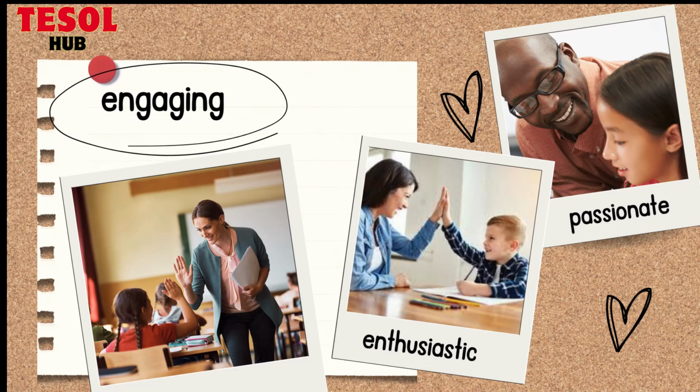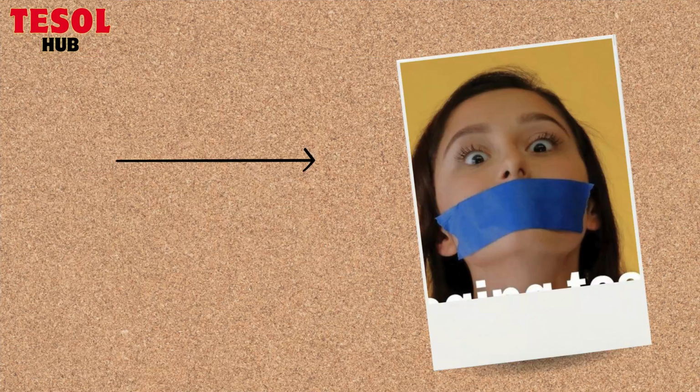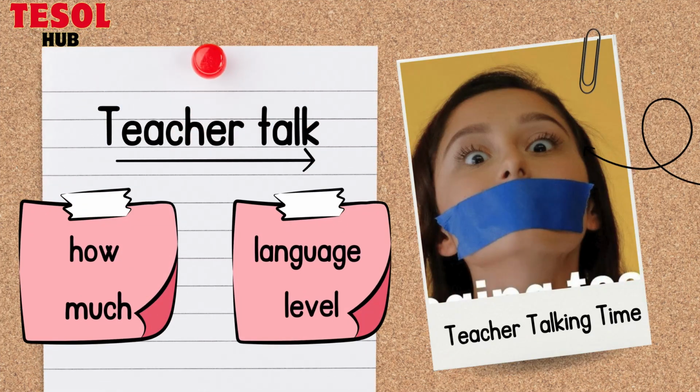And today we'll be talking on the first topic, which is teacher talking time, as we call it, TTT. Teacher talking time, also known as TTT: how to avoid talking too much when teaching English.